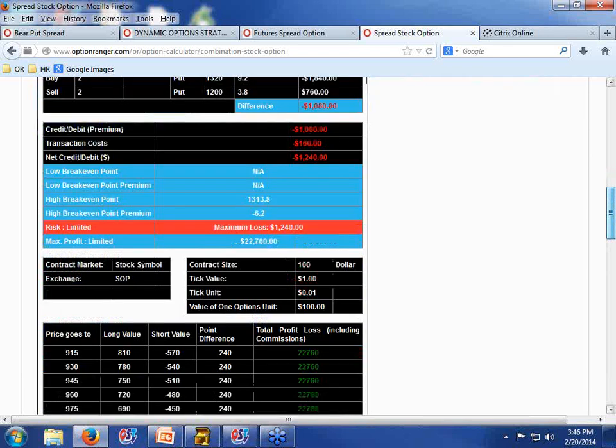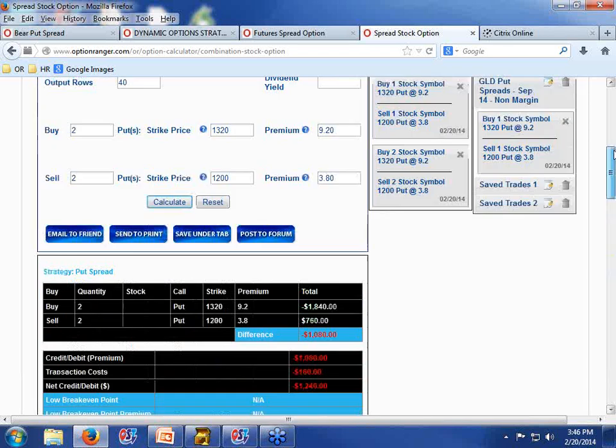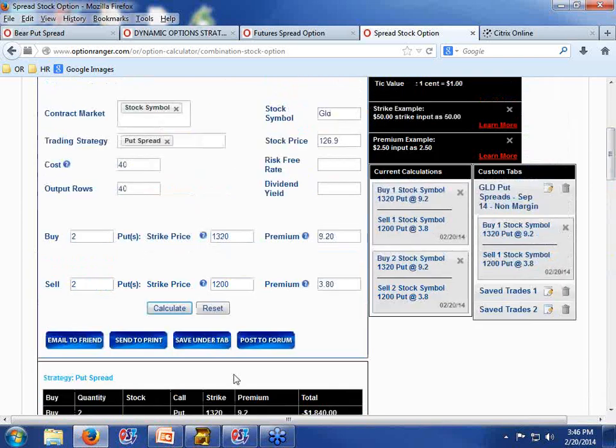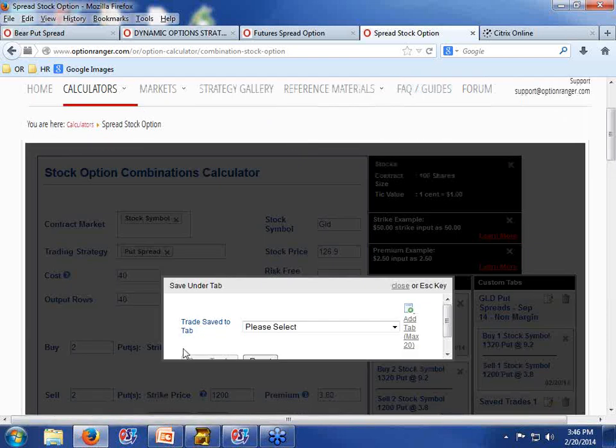So now we've seen this example using GLD very quickly changed, and again, if I think this is an interesting trade to hold on to and I want to keep it to follow up, I'm going to save it under the tab. I'm going to select the GLD put spreads non-margin for September 14, and I'm going to go ahead and select it.